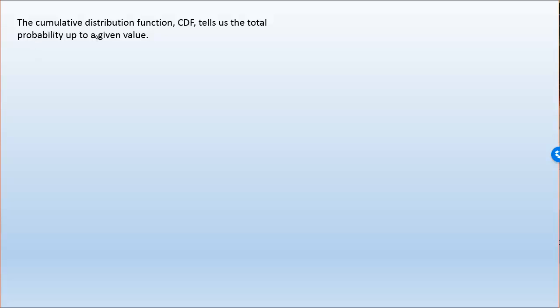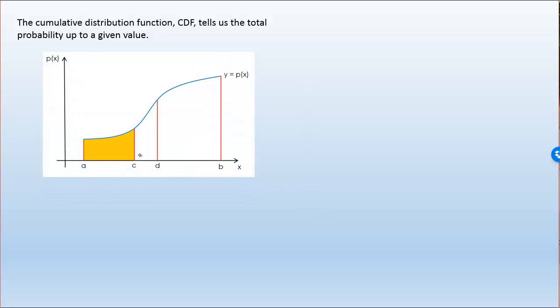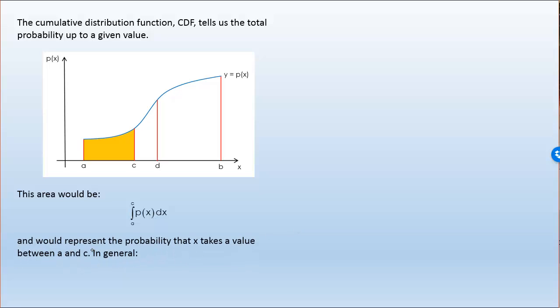The cumulative distribution function, CDF, tells us the total probability up to a given value. So for example, here, we're starting at the beginning at a and going up to c. This area would be the integral from a to c of p of x dx, and would represent the probability that x takes a value between a and c.